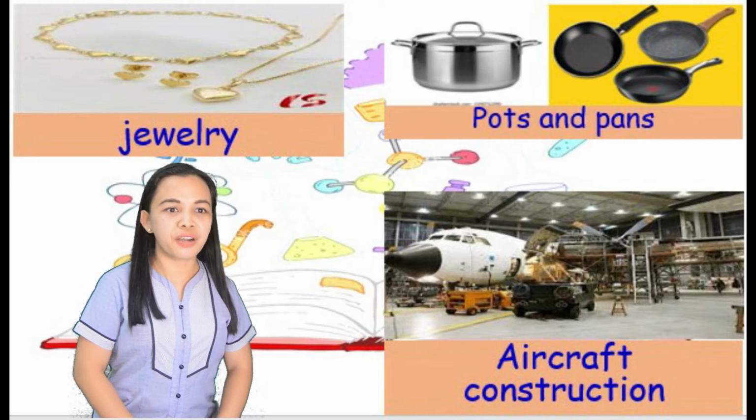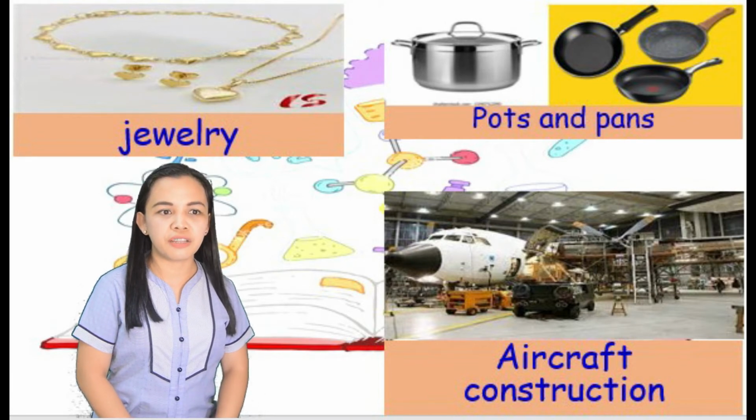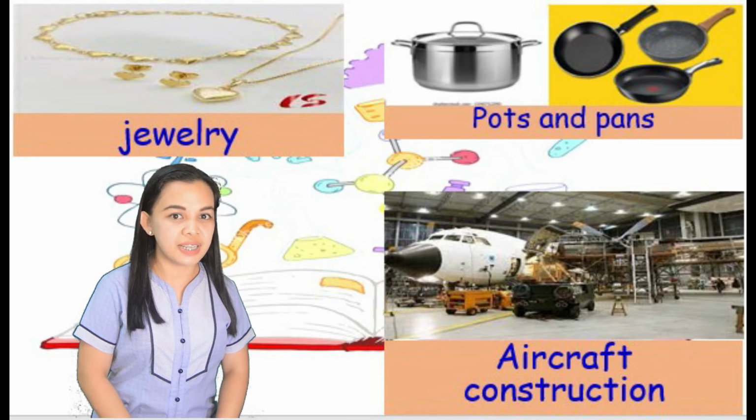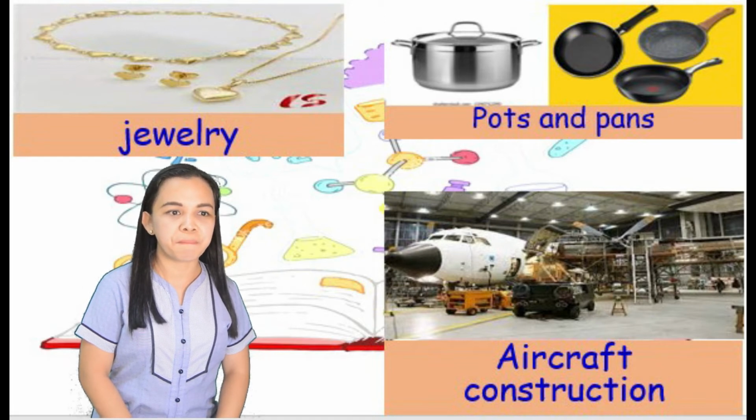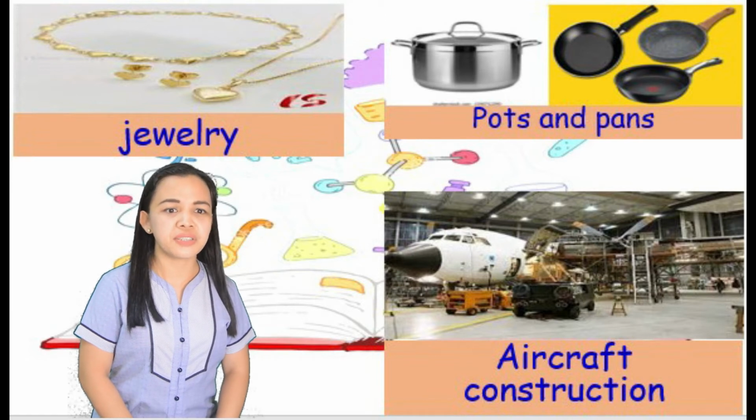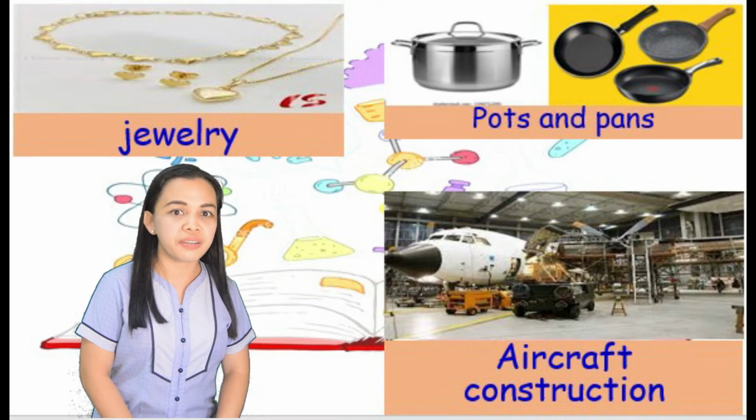Gold and silver are malleable metals, ideal for making necklaces, bracelets, and earrings. These jewelry are made from the metals that can be rolled, flattened, or hammered into thin sheets without breaking. Then, we also have titanium, which is a strong and lightweight metal and a good material for aircraft construction.